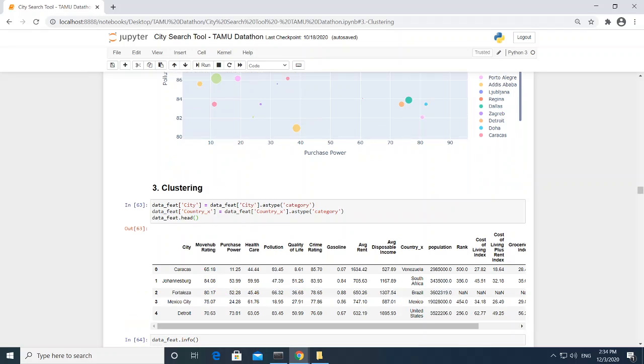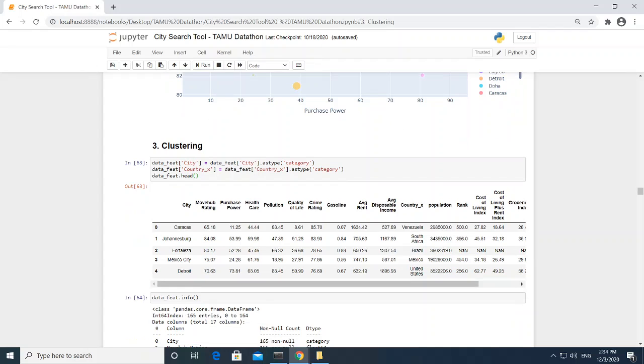After all of this visualization, we decided to implement clustering. Remember that for clustering, we only have the features or predictors. We don't have any label or response associated with that specific data.